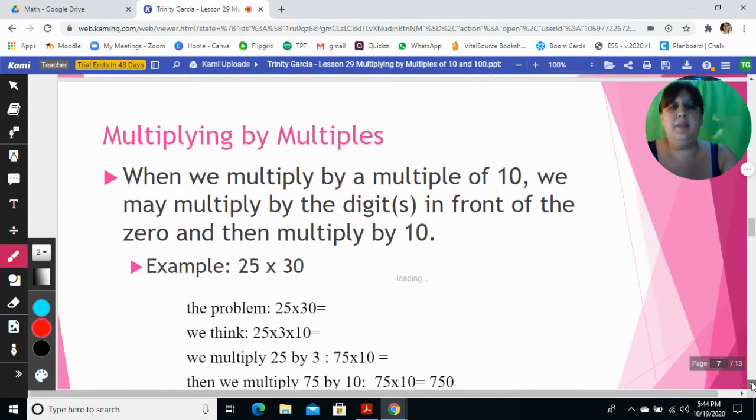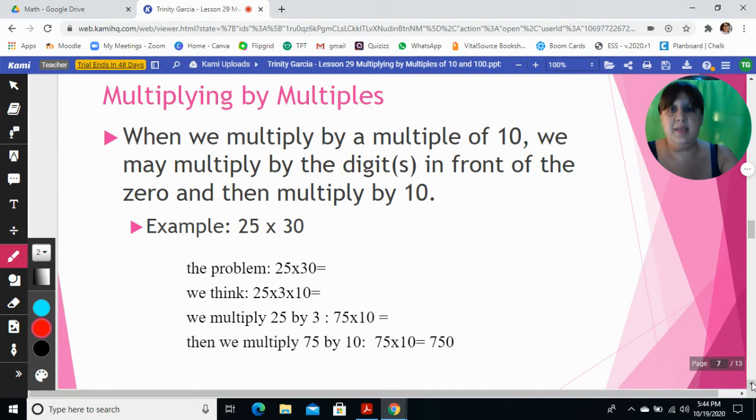When we multiply by a multiple of 10, we may multiply the digit or digits in front of the 0 and then by 10. And here's an example. I wrote out the steps here for you below. Our example is 25 times 30, and I'd like you to copy these steps into your notebook, please. The problem is 25 times 30.